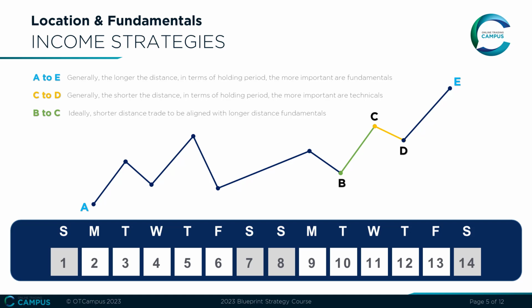However, it wouldn't have to be that way. You could also apply a little bit more weight on the technicals on the shorter distance trades, or on the lower holding periods trades, or on the daily income trades, whatever you want to call them.